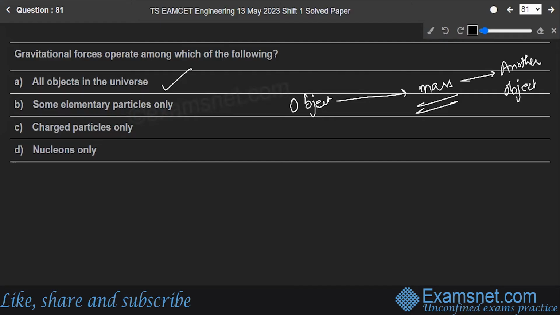So all the objects in the universe are attracting each other with some force. It has to be noted that photons are massless particles, quanta of light, yet recent discoveries of gravitational waves and lensing showed that light photons are also affected by gravitational forces. So the answer to the question is option A.